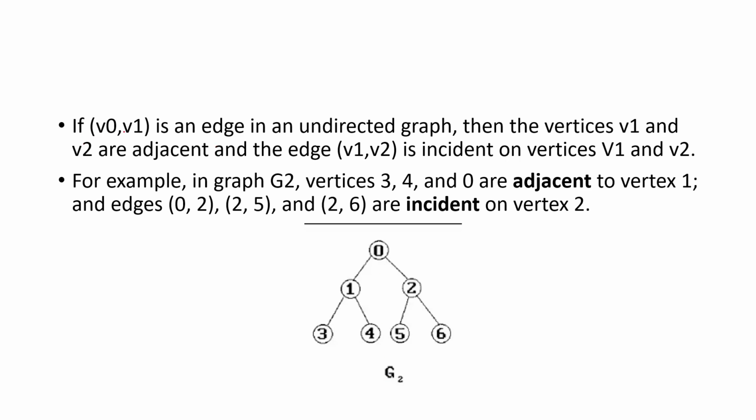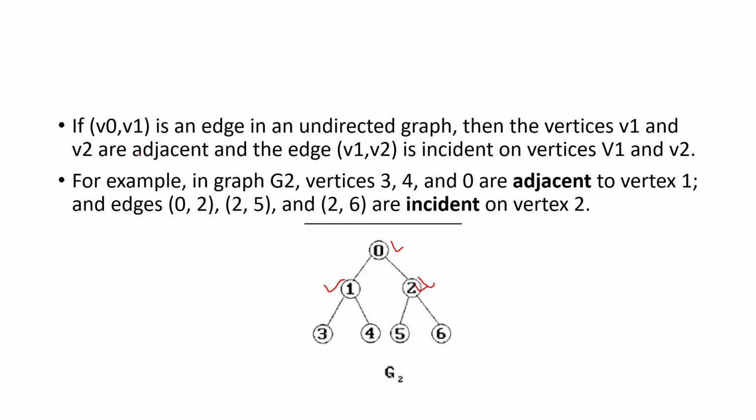If V0, V1 is an edge in an undirected graph, then vertices V0 and V1 are adjacent. We can say 0 is connected to 1, 0 is also connected to 2. That is why 1 and 2 are adjacent for 0.